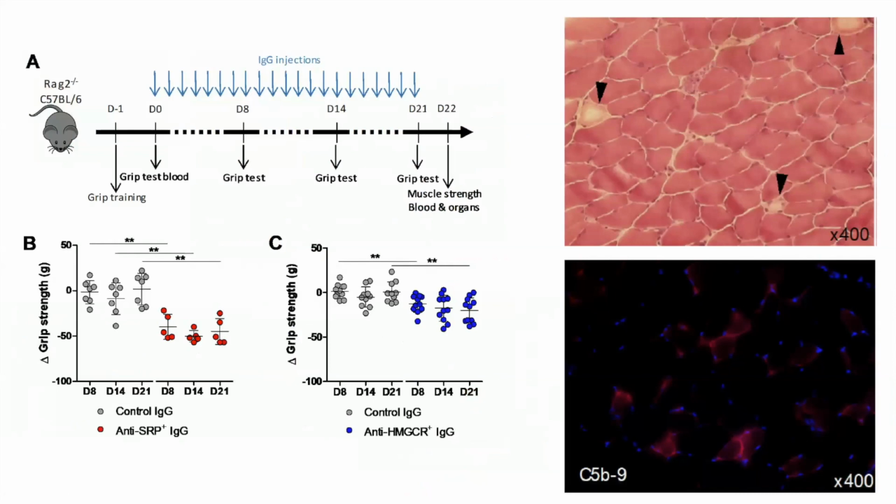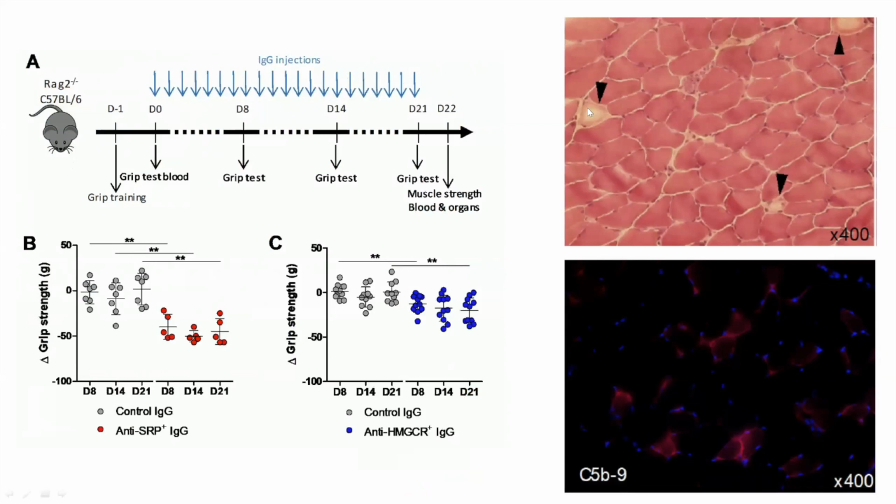If you did the same in mice with no immunological system, with no lymphocytes, no T cells, no B cells, then you can maintain your system for much longer, because the mice are not capable of mounting a humoral response against proteins of human origin. And then you maintain the weakness of the mice.